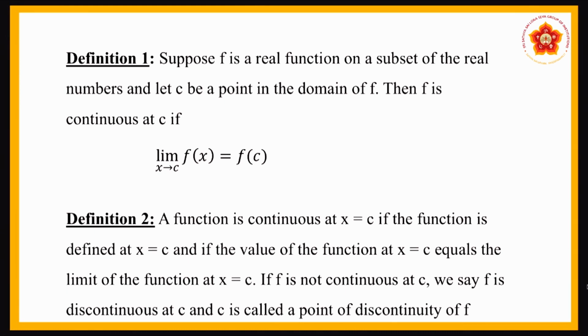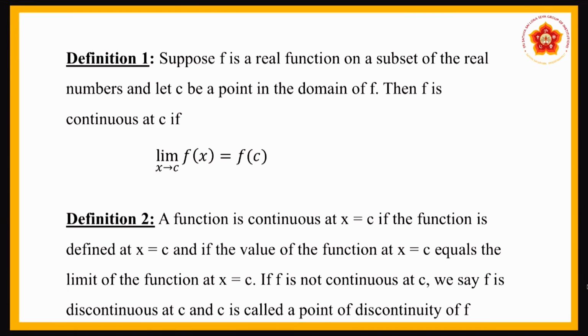The same definition we elaborate a little bit more, and we come to the second definition. What does the second definition say? A function is continuous at x equal to c if the function is defined at x equal to c, and the value of the function at x equal to c equals the limit of the function. In other terms, the limit must exist.